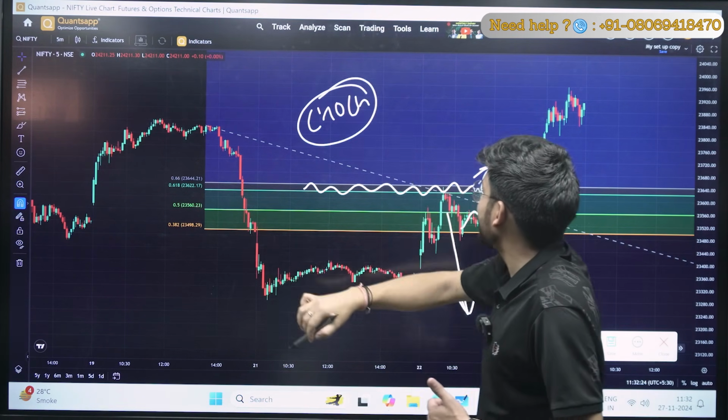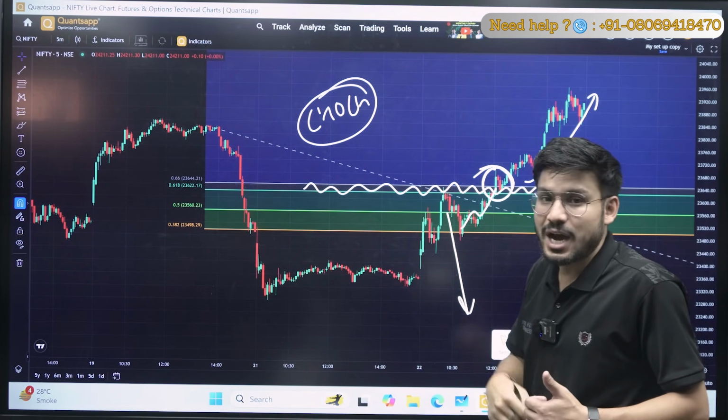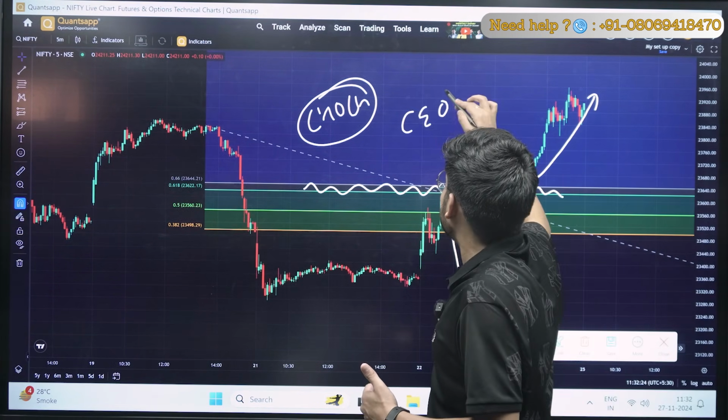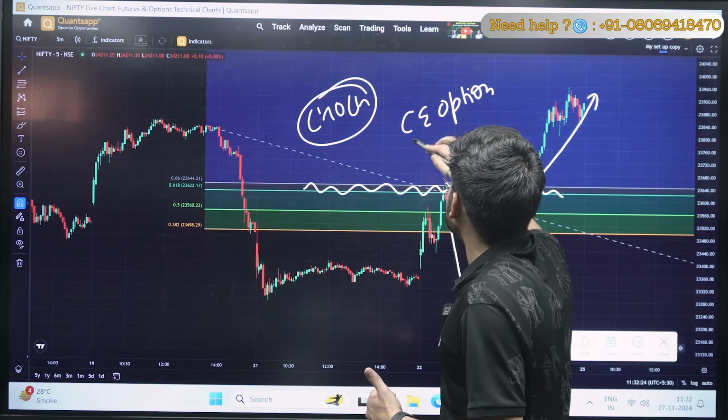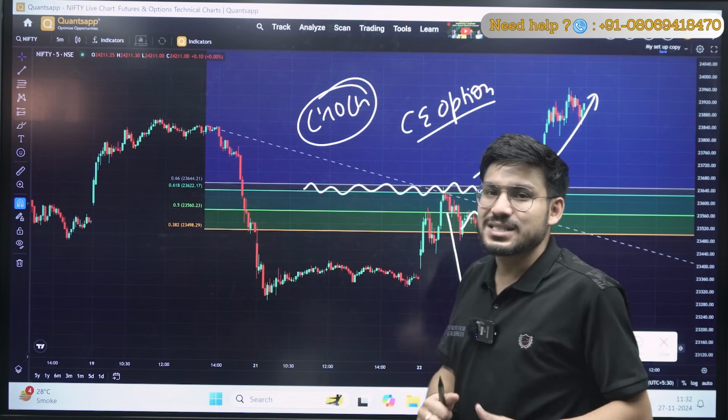So at this point I will trade in the upward direction. Then I would go with the call ATM option, if this zone is broken out successfully. So that is the theory behind it.